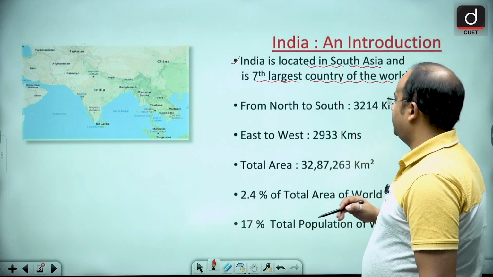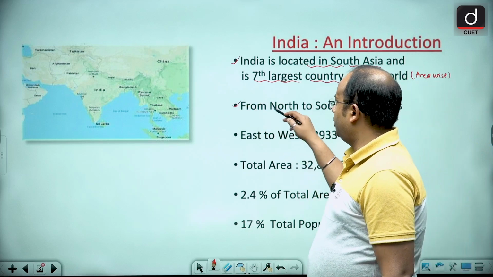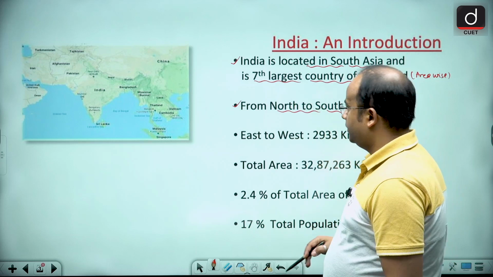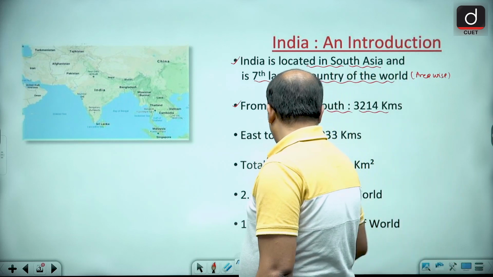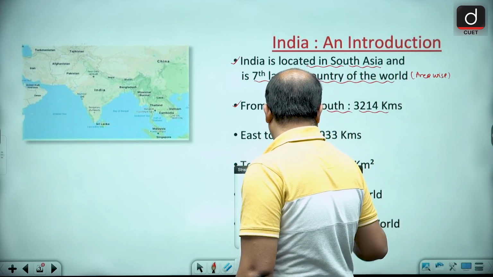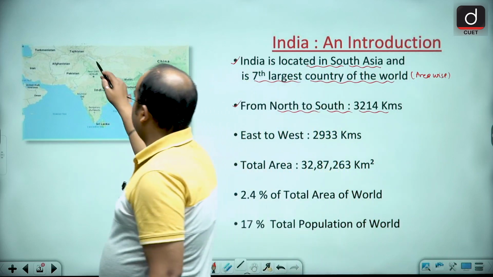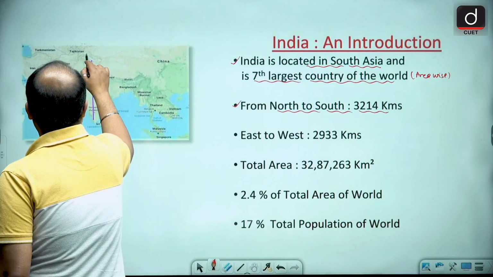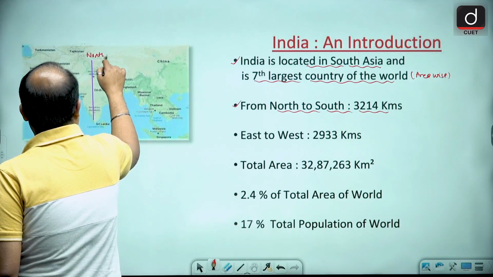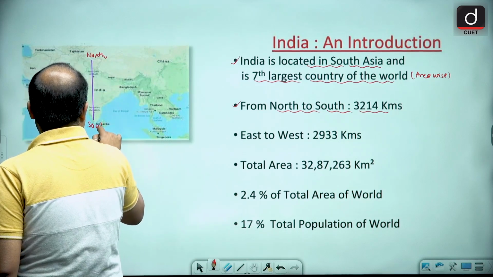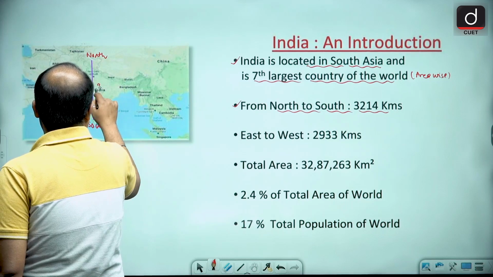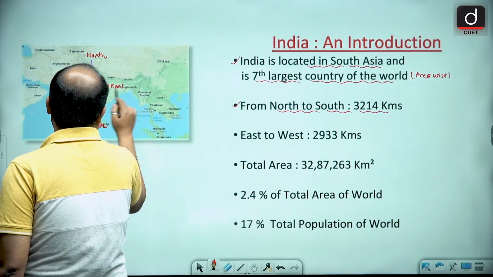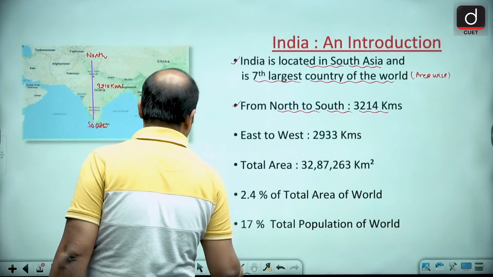From north to south the length of India is 3214 kilometers.